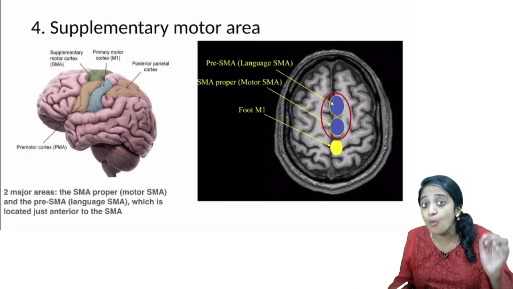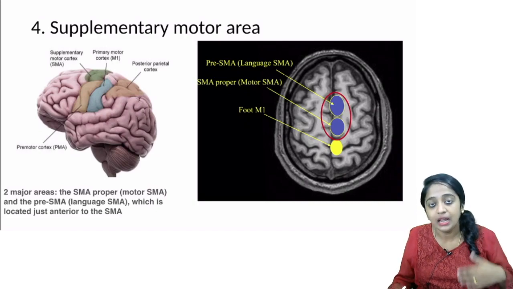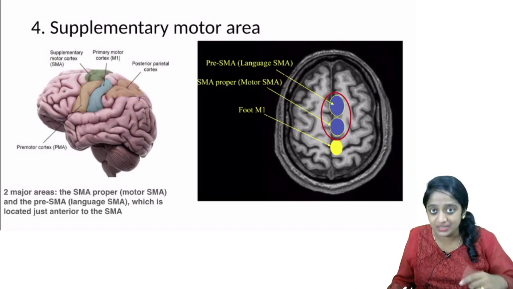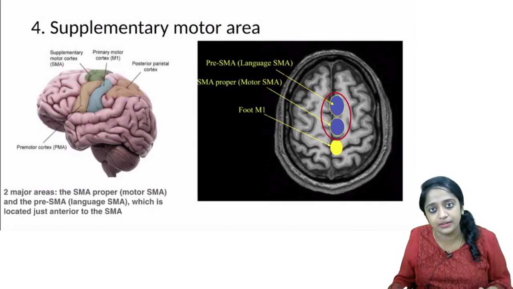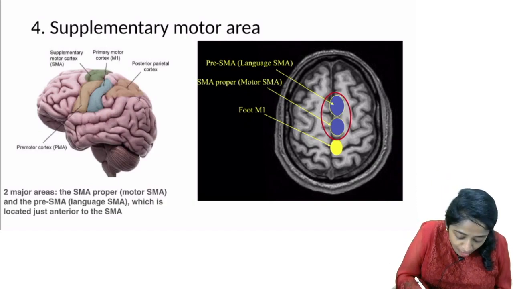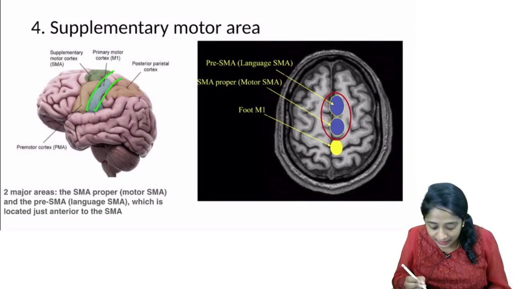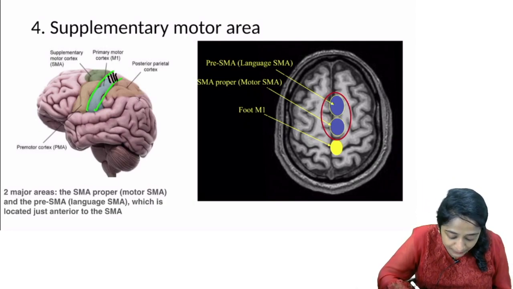It is known as the motor homunculus. We have learned it in our previous days, right? As per the motor homunculus, where is the foot motor area located? It is located in the far medial aspect. So if this is the precentral gyrus, where will the foot motor area be located? It will be in the far medial aspect.